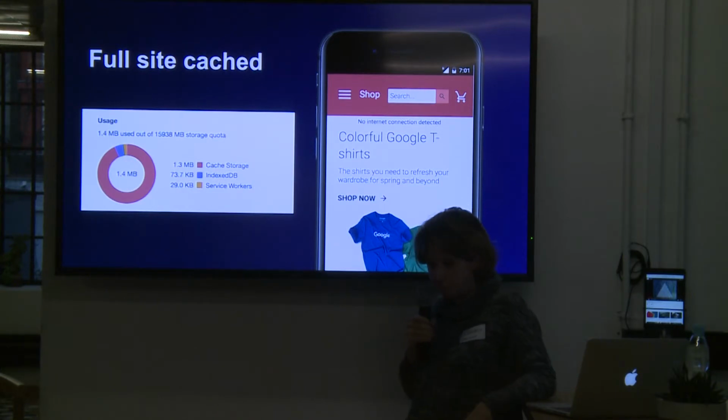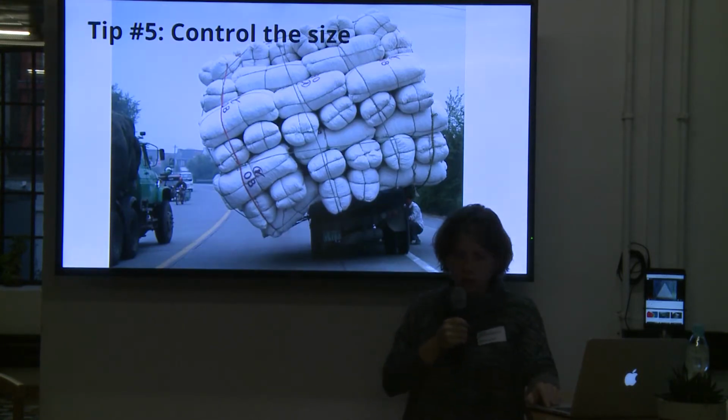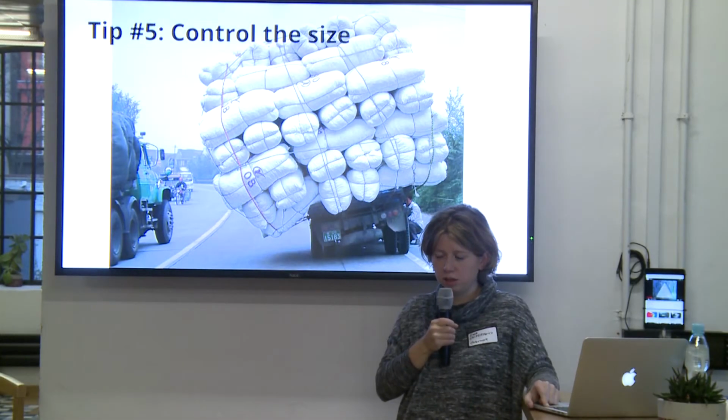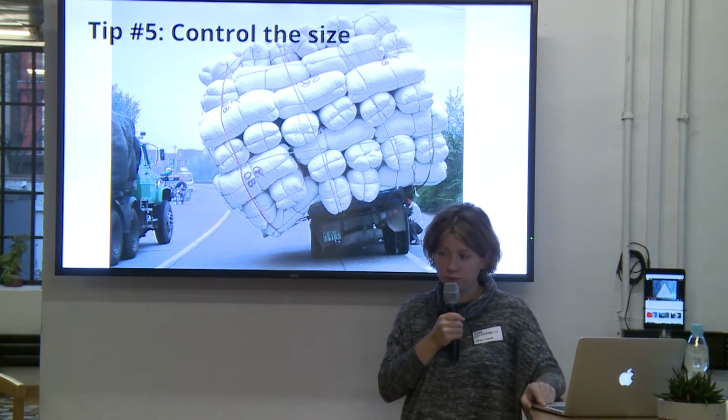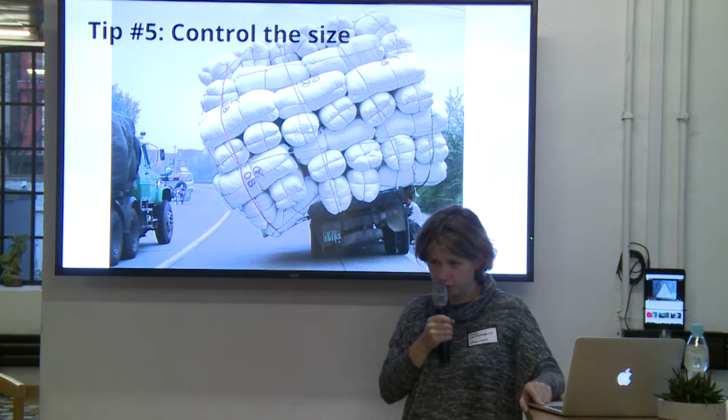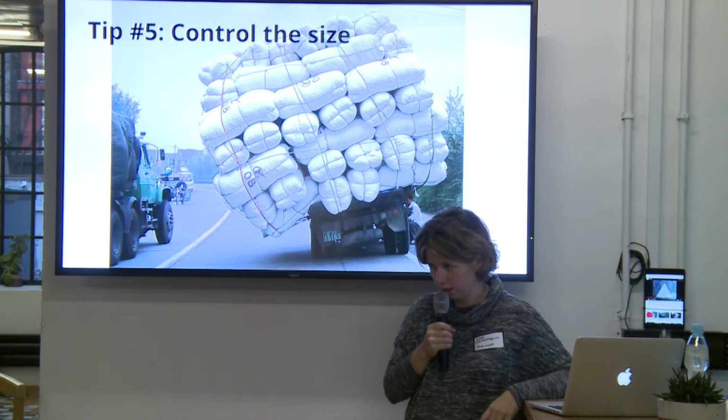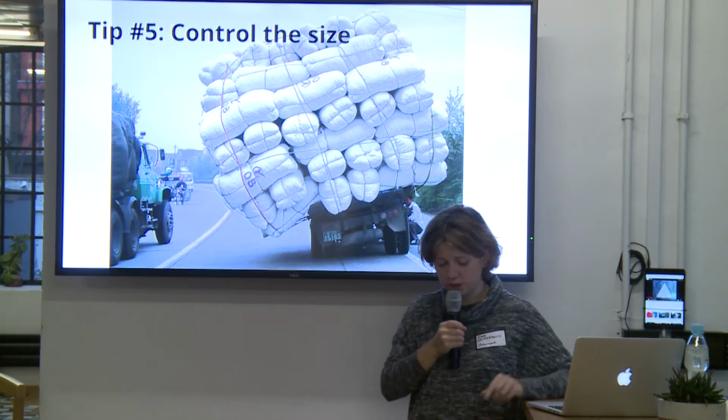But if the site is really big, like Amazon.com, you can only guess how much space it will take. So you need to have a proper way of cleaning the cache and staying below the quota to manage this scenario. So you always need to have a way to control the size of the cache and beware of running out of quota for big sites if you use runtime caching strategy, because you can't just cache everything at the beginning and see if it fits below the quota.